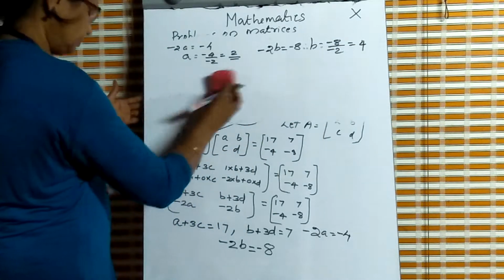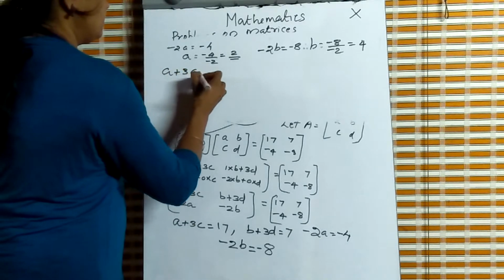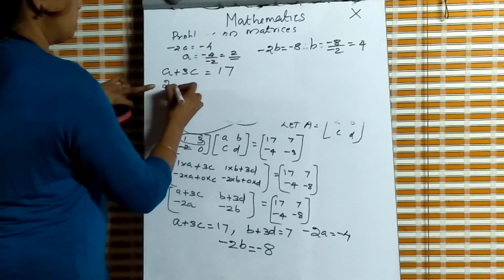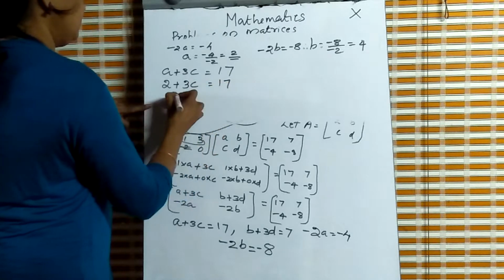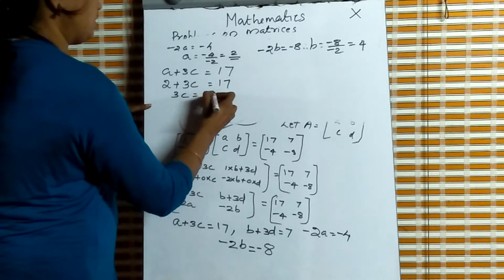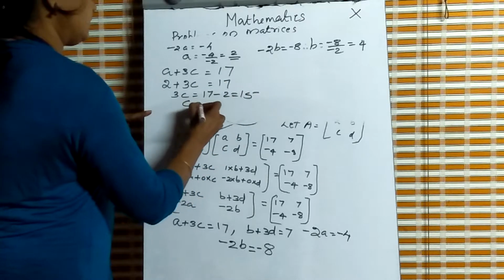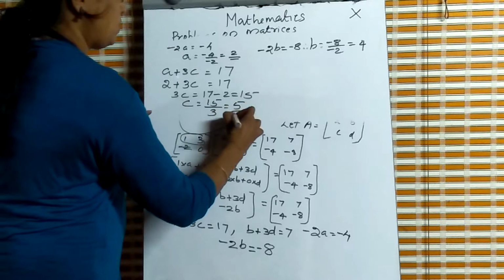Then a plus 3c is equal to 17. Put a equal to 2 here. 2 plus 3c is equal to 17. 3c is equal to 17 minus 2, which is 15. c equals 15 by 3 equals 5.